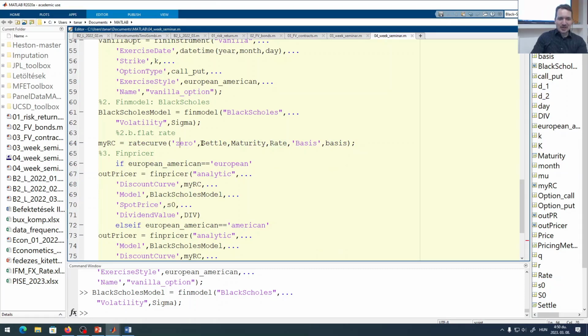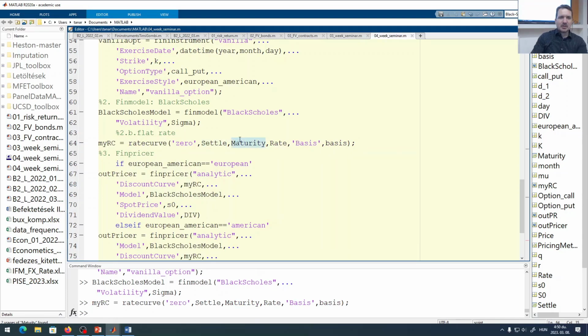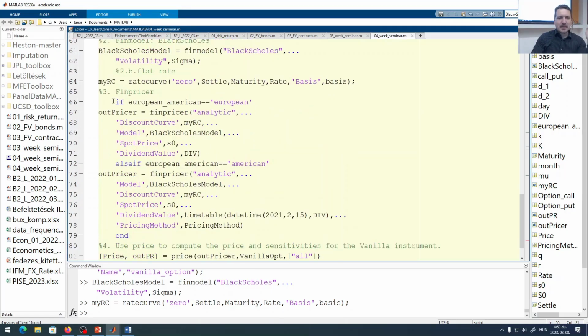And all the other things, and settle and maturity time, so practically the big T, time until expiry, is also defined here. But that's all. So exercise dates. Maybe small t can be calibrated for the American option here if we are tweaking it enough, but okay. Because otherwise settle date, maturity date is there, so if we are playing with exercise date, then we can have the small t. Okay, let's remember this fact.